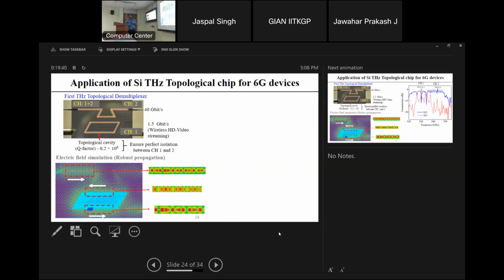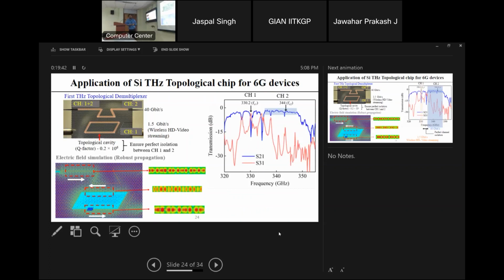Let's assume that at the input we have two channels, channel 1 and channel 2. Suppose we take a carrier frequency of 330 in channel 1 and another carrier frequency of 334. Both are spectrally far apart. Once we launch it, what will happen?